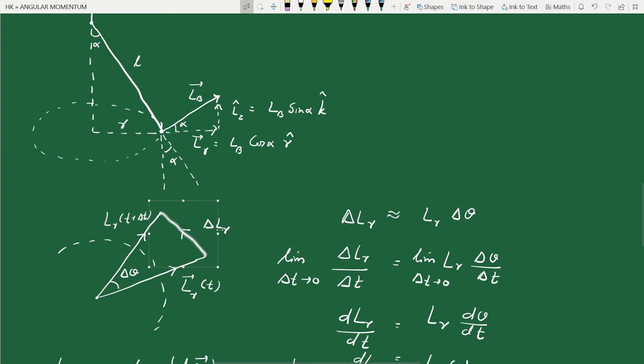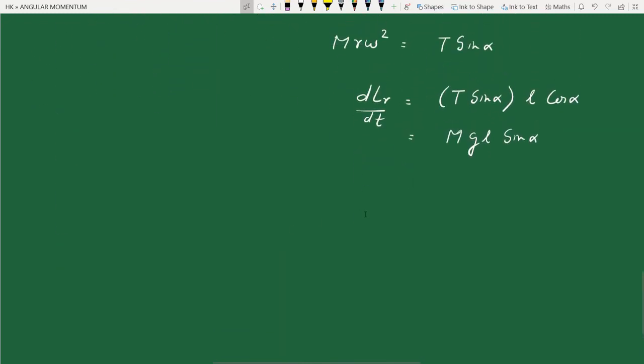What is the direction of delta Lr? It's the direction of increase of delta theta, that is theta cap direction. So I can write this in vector form, d by dt of Lr is equal to mgl sin alpha theta cap.